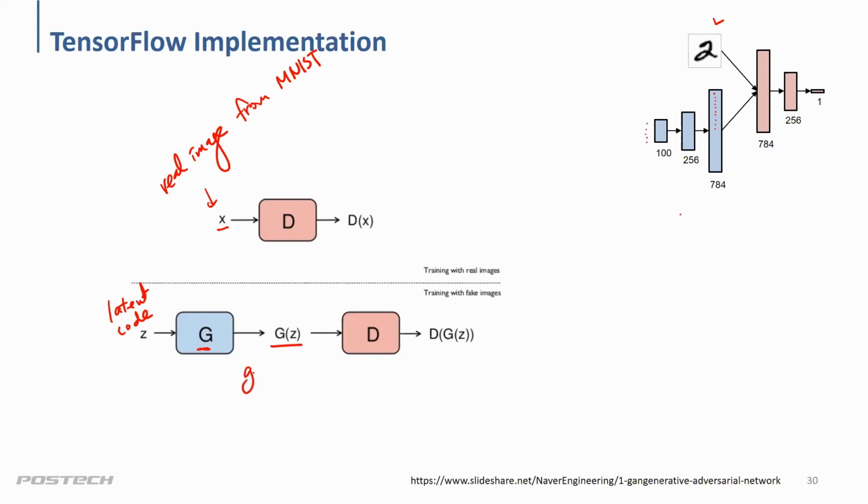This is the generated image, and from there, the discriminator should say this is 1, because I'm saying 1 is real, 0 is fake.